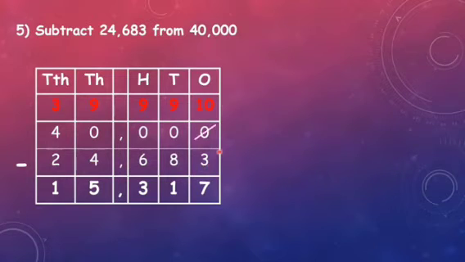Now to start off, 0 in the ones place becomes 10 when I borrow 1. 10 minus 3 is 7. Then here becomes 9 since I've borrowed 1. 9 minus 8 is equal to 1. Again this also becomes 9 as I have borrowed 1. 9 minus 6 is 3. 9 minus 4 is 5 similarly.